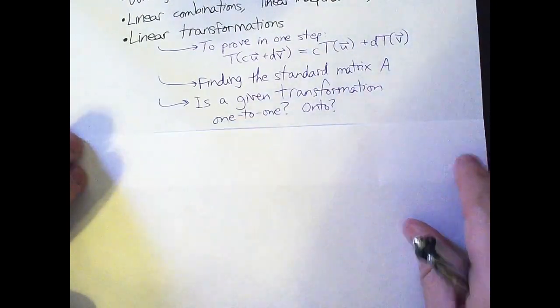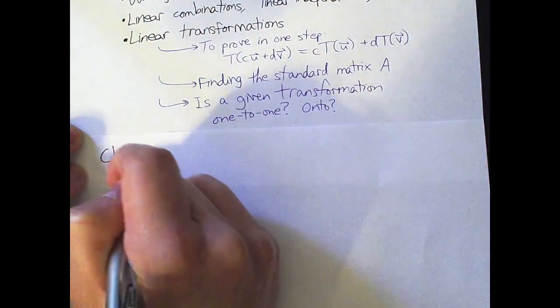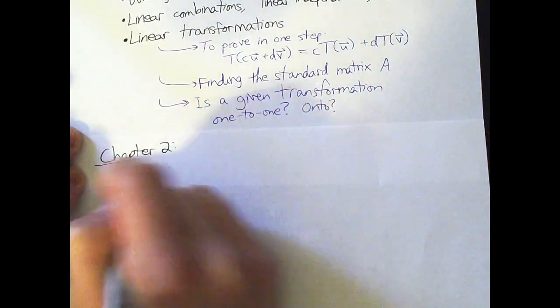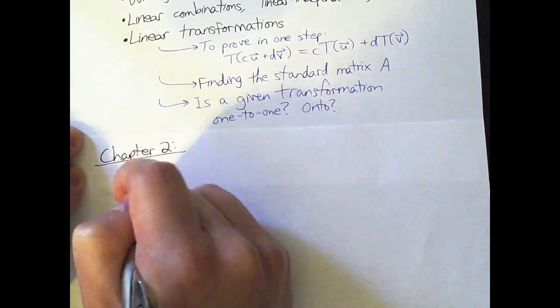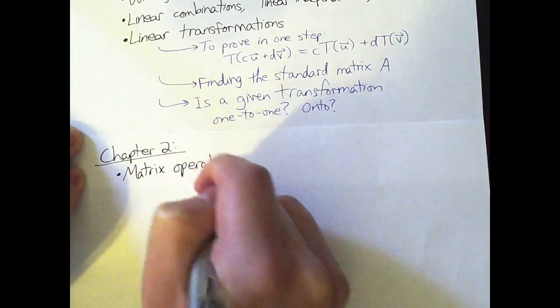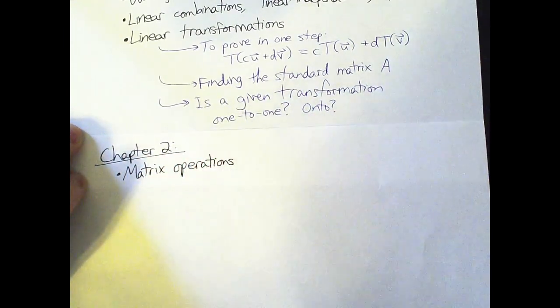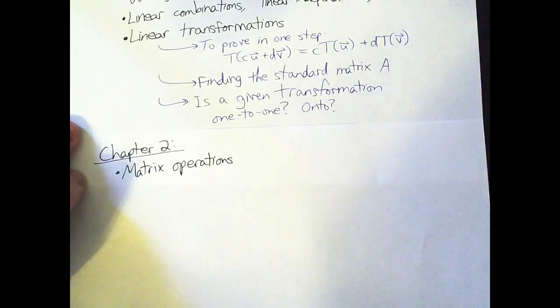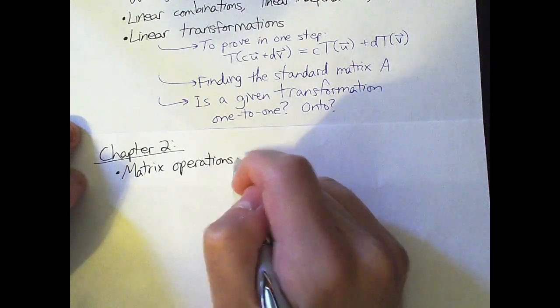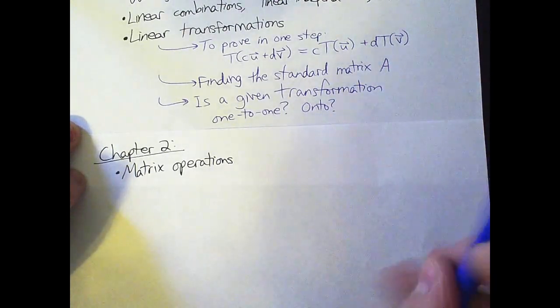Let's look at chapter 2. Some of these ones are going to be a little shorter. But this is where we started looking at matrix operations. Now, when we talked about matrix operations, we focused on matrix multiplication, but don't forget the other ones also.